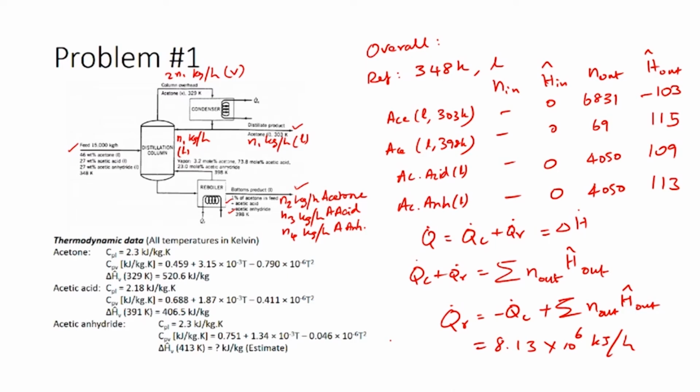So, with this we can move on to the fourth part of the problem, where we have been told that the heat for the reboiler is supplied using steam. So, it is coming in as steam which is saturated at 10 bar. Using the heat of vaporization for steam saturated at 10 bar, which can be obtained from the steam tables, we can calculate how much mass of steam is required for generating that amount of energy.